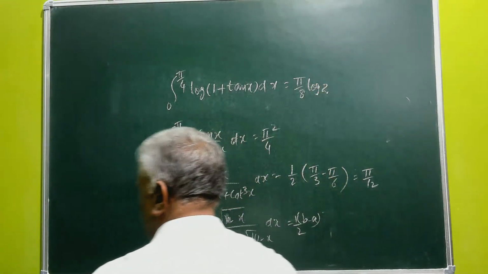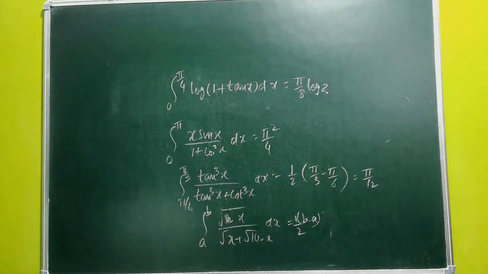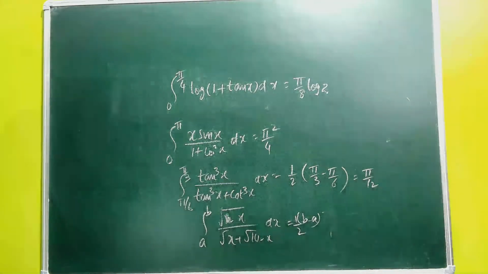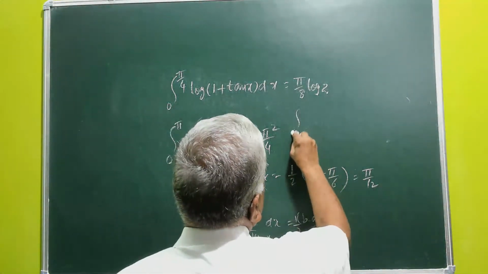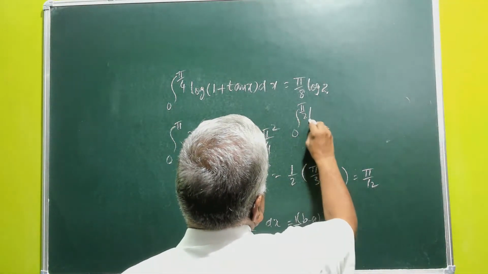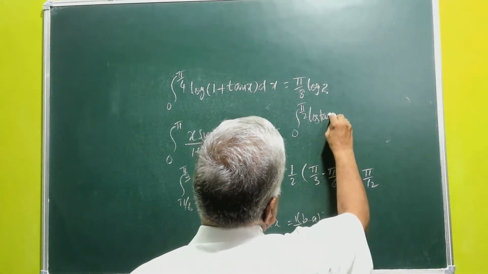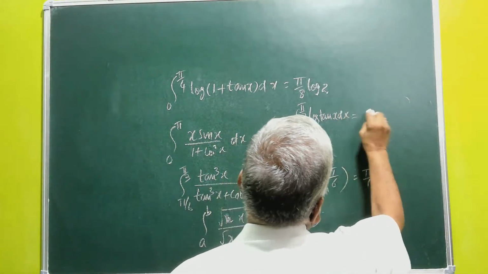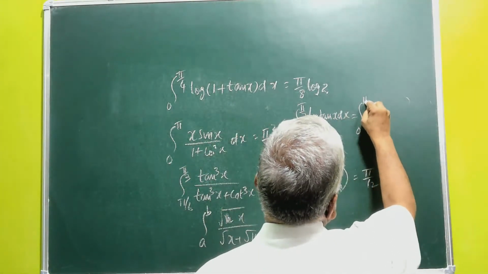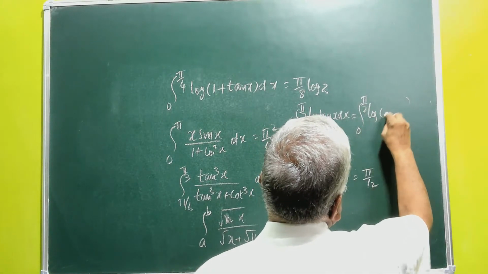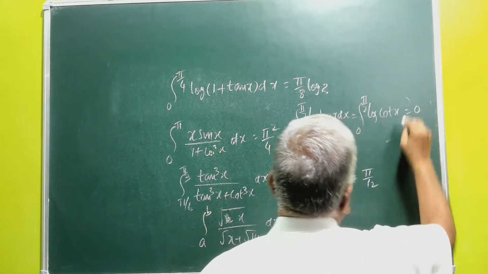If you remember, these are all standard problems. 0 to pi by 2, log tan x dx is equal to 0 to pi by 2 log cot x dx is equal to 0.